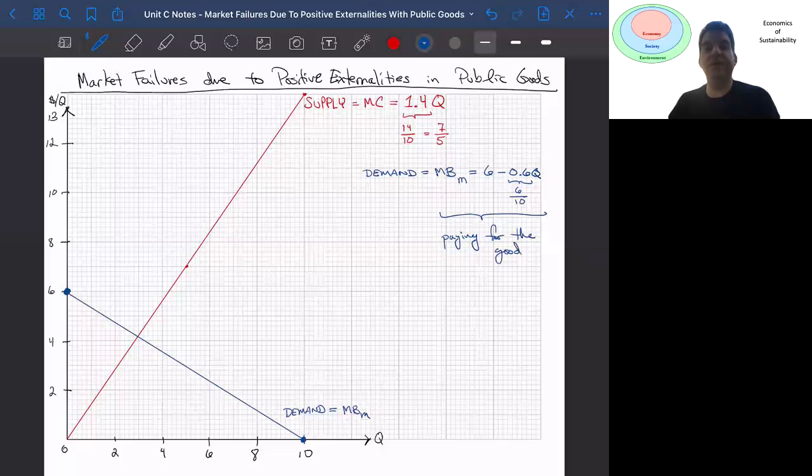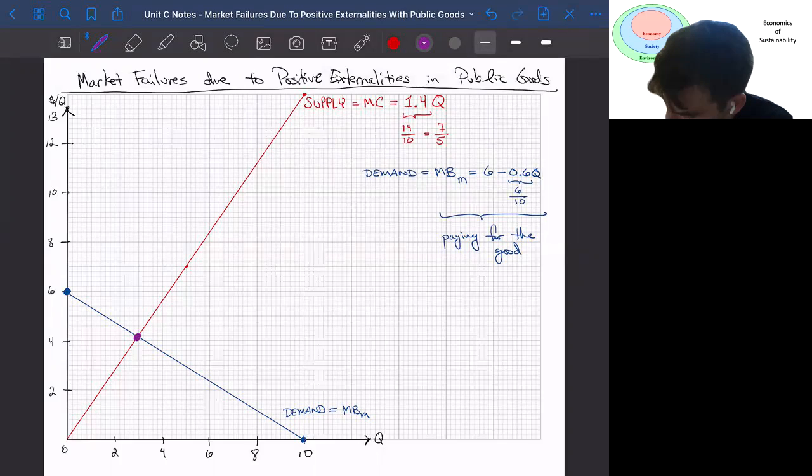And because those members are paying in, we end up getting a market equilibrium. That market equilibrium is where these two things intersect, and so we can solve for that. Setting demand equal to supply is equivalent to saying that we're going to make 6 minus 0.6Q equal to 1.4Q.